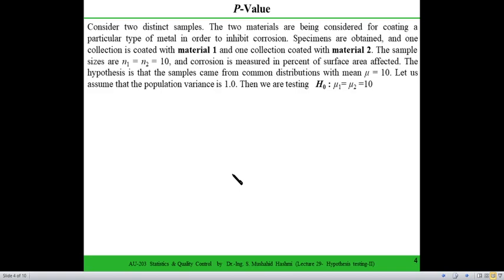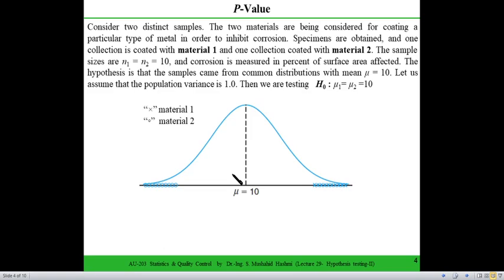So the null hypothesis here is that for the two populations, the mean of the first population, from material 1, is mu1 and from material 2 is mu2, and both are 10. So this is your prior claim, or we call it the null hypothesis. Let's say, for example, we show the distribution of both materials.